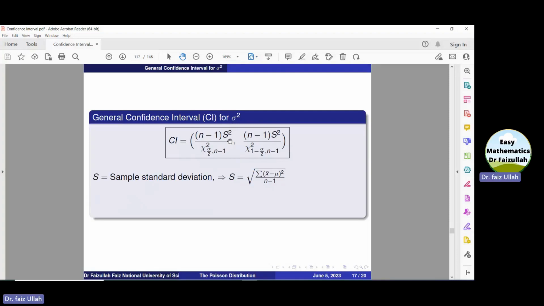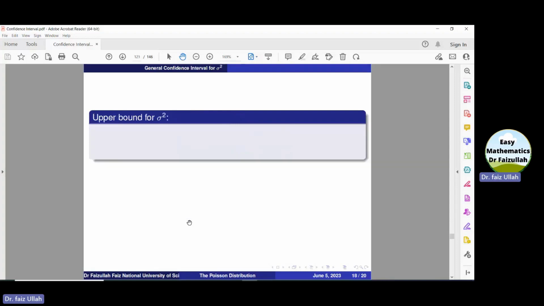And we know that here S square is the variance of the sample, n is the sample size, and to find the value of alpha by 2, we shall substitute 1 minus alpha equal to the required percentage, which will be given in the question. n minus 1 is the degree of freedom, which will be needed in the table of chi-square distribution.